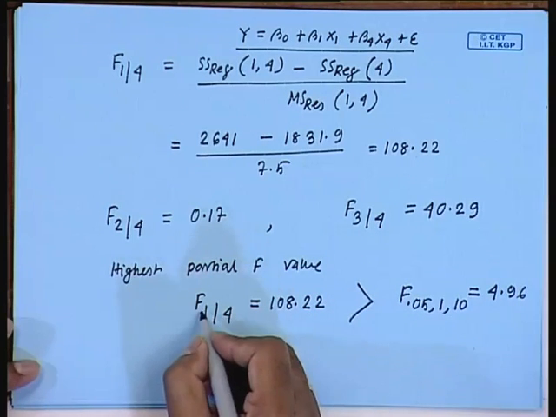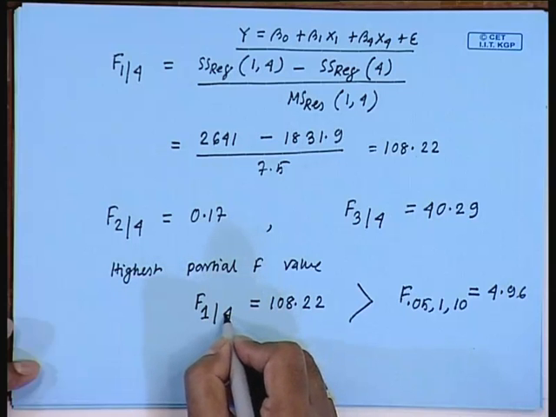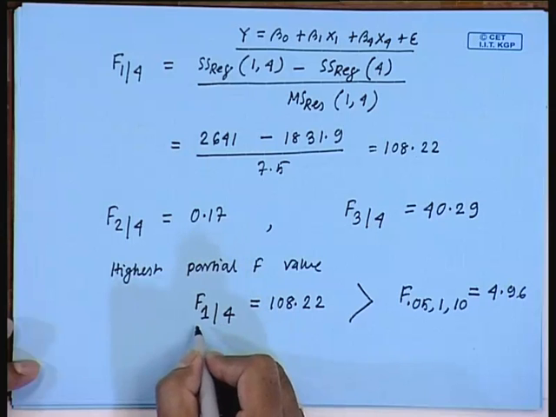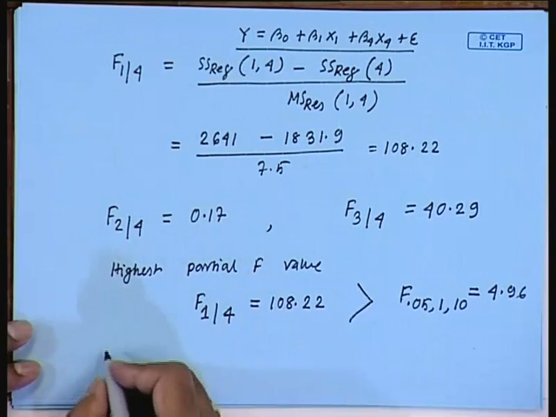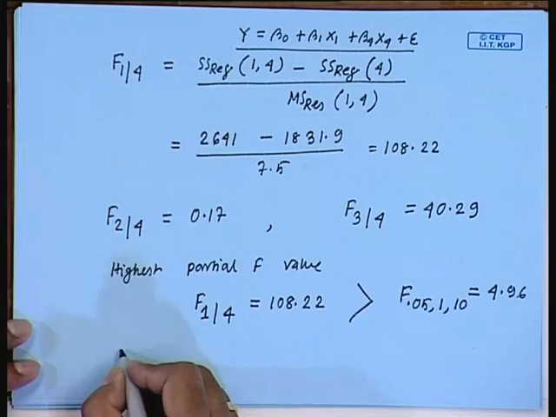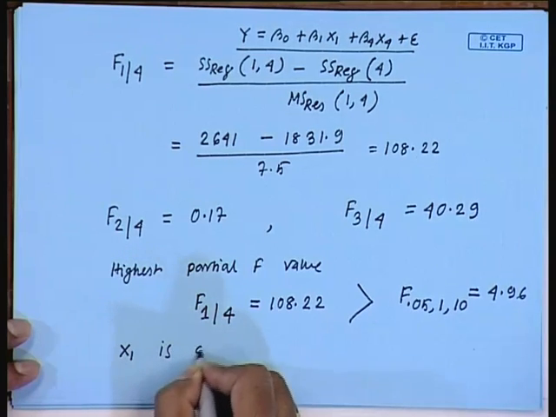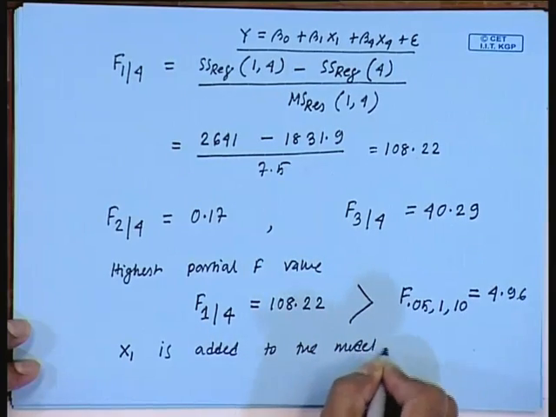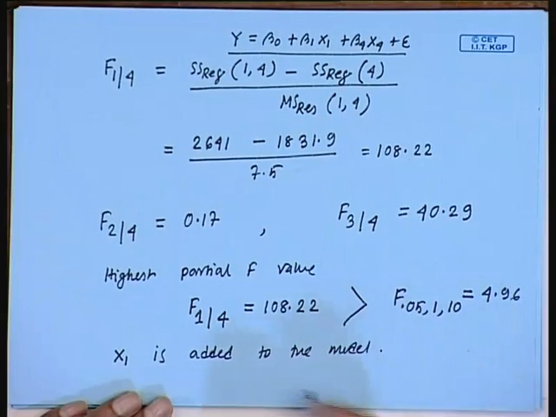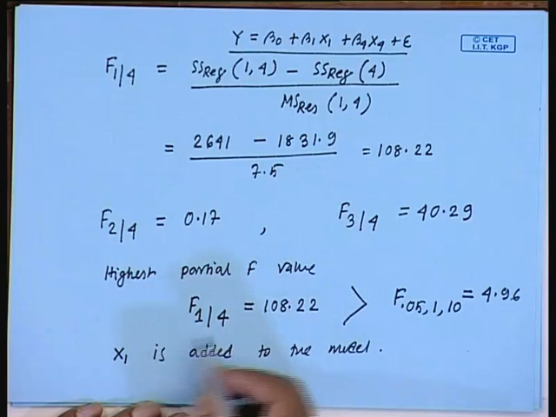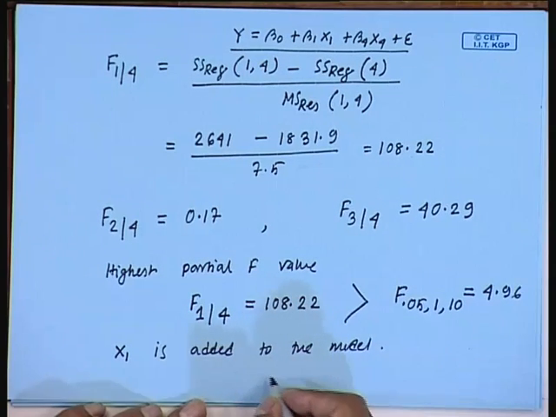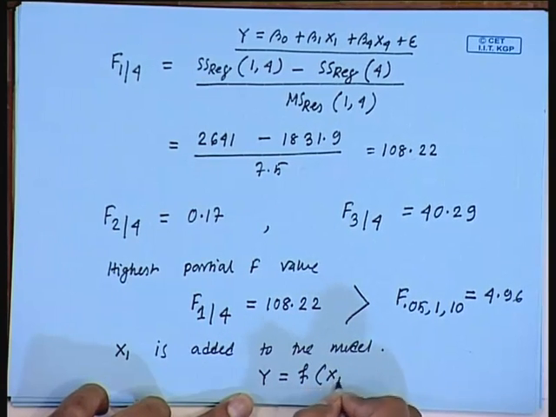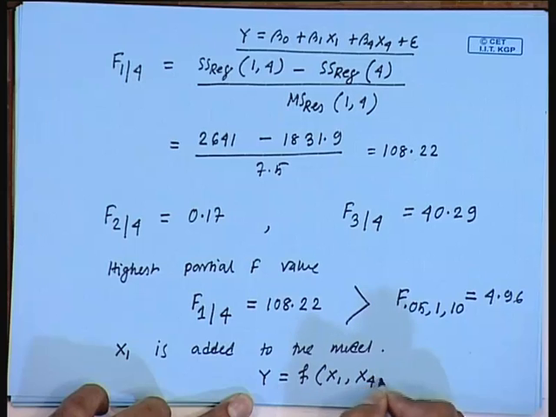That means, see, first we added x4 in the model. Now in the presence of x4, x1 is significant. So x1 is now added to the model. Now my model consists of two selected regressors, so y now is a function of x1 and x4.